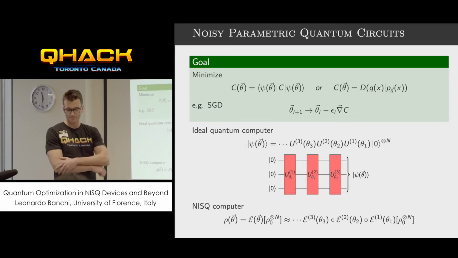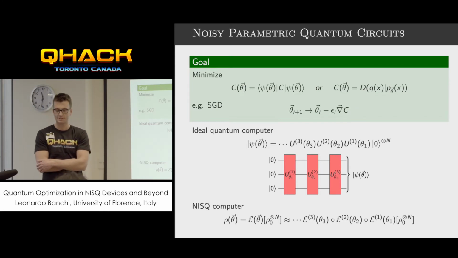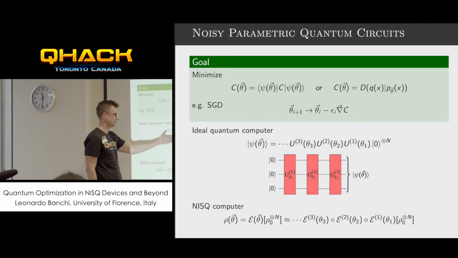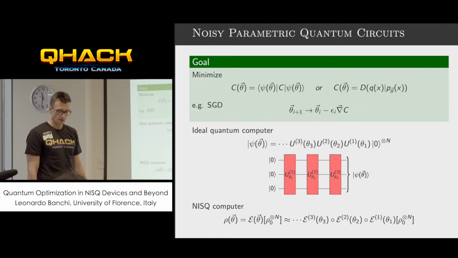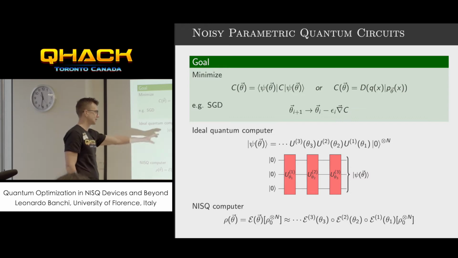In an ideal quantum computer, we prepare a variational state, which is a pure state. We initialize our state in some reference state, then apply parametric gates, namely some unitaries which depend on classical parameters, and we optimize over them. But since we have a noisy device, this is an ideal picture.